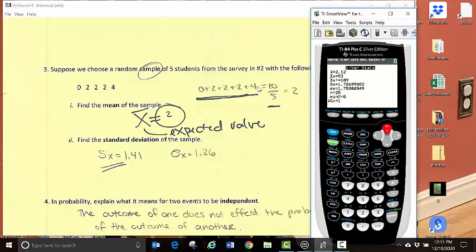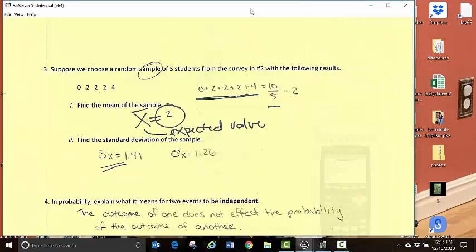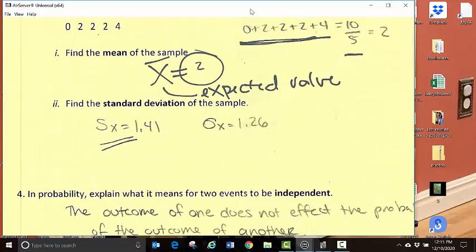Standard deviation are S of x and sigma of x. This one comes with this formula, the square root of the sum of every value minus the average squared divided by n minus 1.